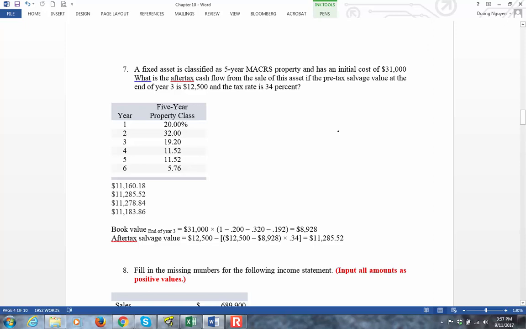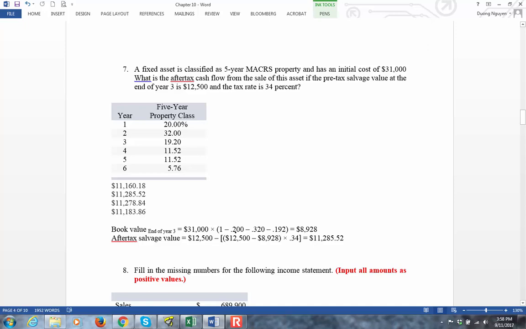So first you need to determine the book value at the end of year 3. At the end of year 3 you have used 20% in the first year, 32% in the second year, 19.2% in the third year. So whatever is left would be the book value in year 3.